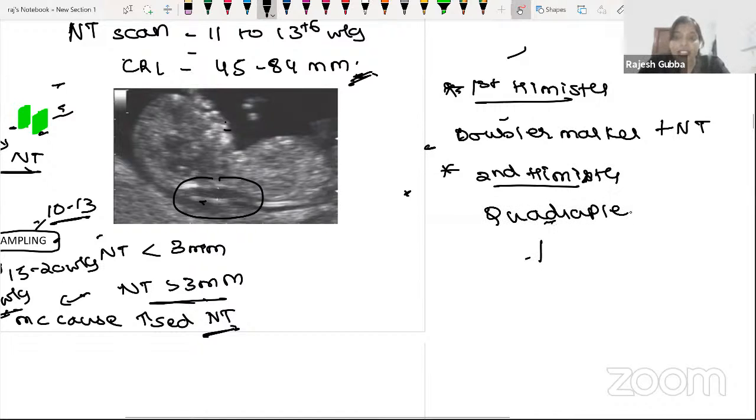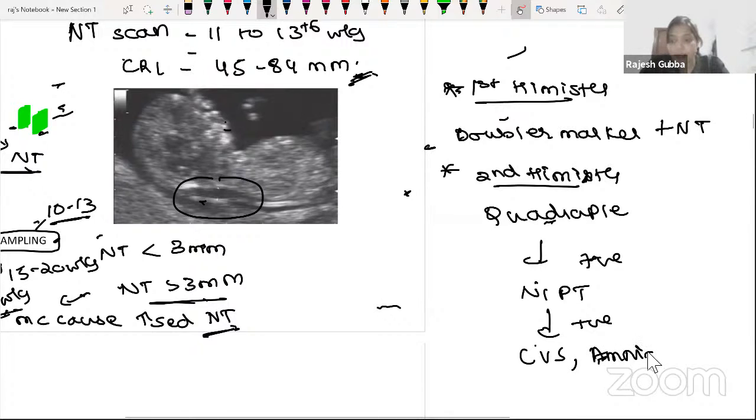Whenever you have these analytes positive, you can go for NIPT if they're affordable. If NIPT is also positive, please go for either chorionic villus sampling, amniocentesis or chordocentesis.